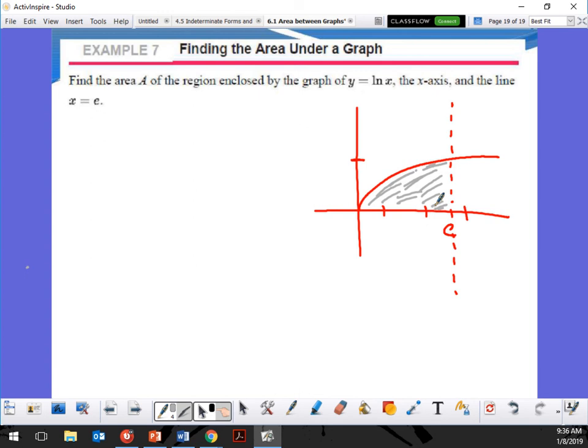If I were to do this around the x-axis, that would be 0 to e of ln x dx. So ln at 1 is 0, graph is 0, 1, x equals 1. Oh, so it shifts. Oh, yeah, sorry.